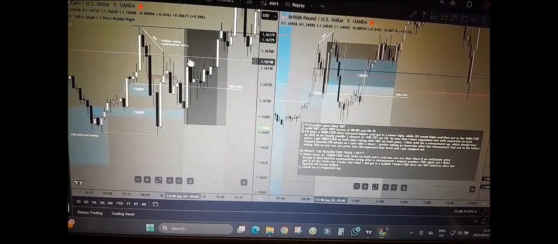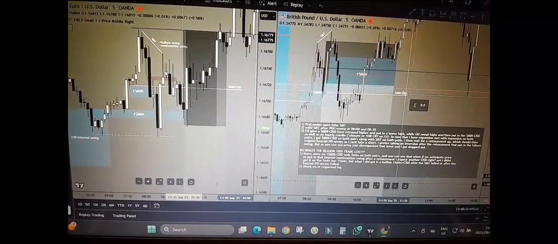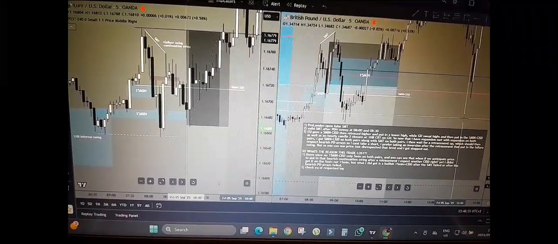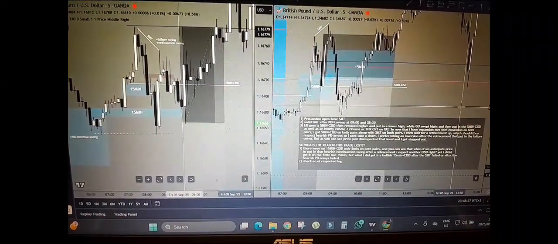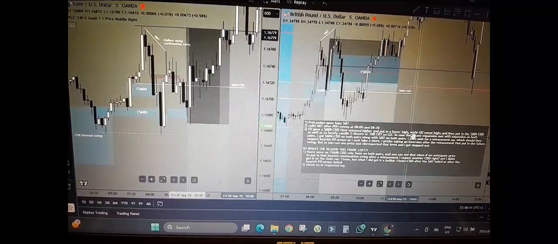I was waiting for price on EU to respect this lower high over here and then trade lower, and I was waiting for a lower high to form here out of this 15-minute bearish FEG on this side, and then take a 5-minute FEG and then IFEG and trade lower. But obviously you can see I didn't get that, and price just stopped me out on both trades.